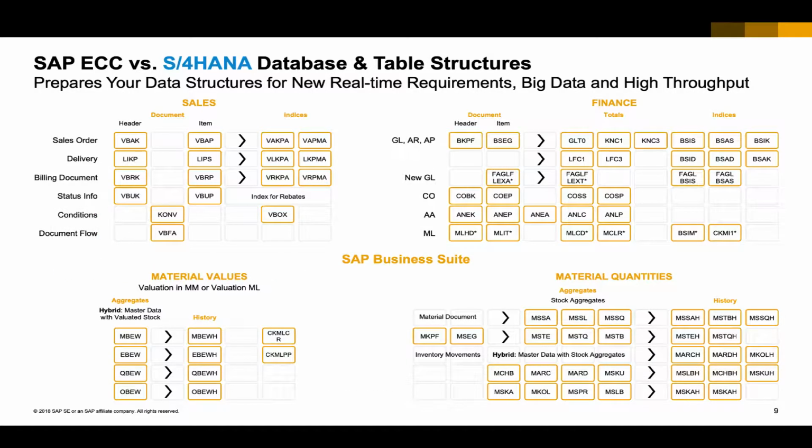Not only in finance and inventory management, but also in other areas. So this is the table structure of a classical Business Suite in finance with the totals and index tables, the document and item level, the material quantities with the stock aggregates and the history tables, the material valuation via the MBEW and the material ledger, but also in sales.